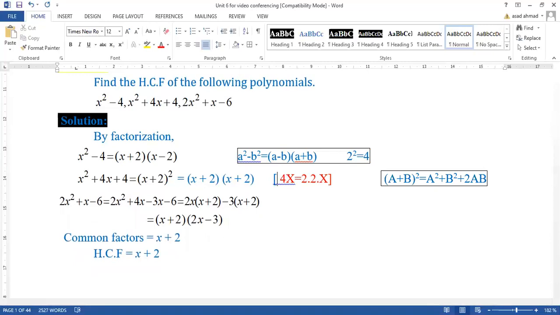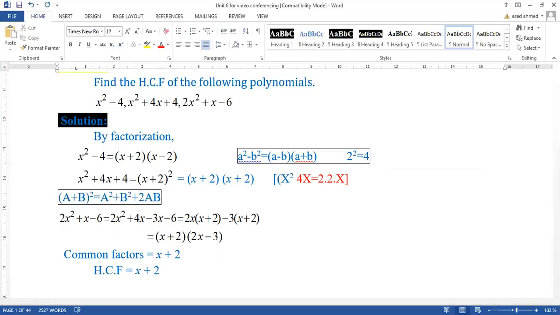If you want to simplify it further, I place x square as x whole square within a bracket like this, then 4 is written as 2 its square, and then this is 4x.